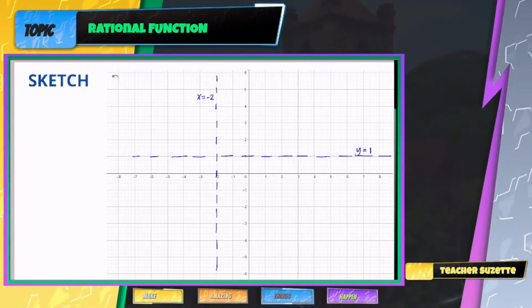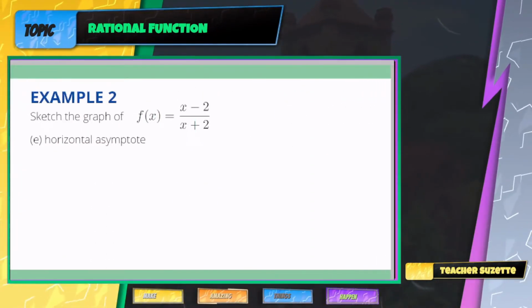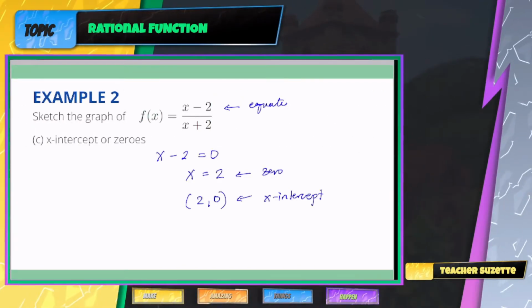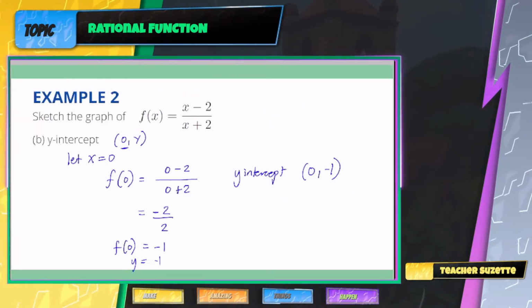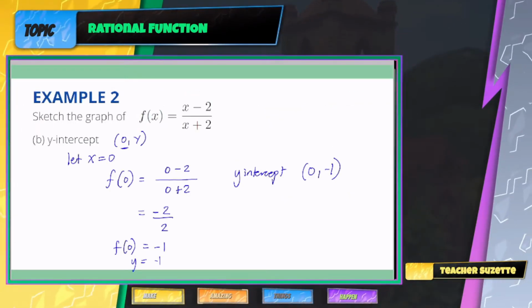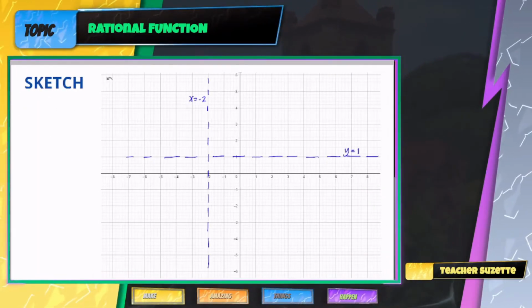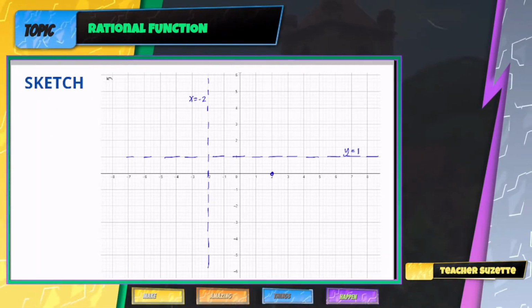Now, let's plot the points of our x- and y-intercepts. Our x-intercept is (2, 0), and our y-intercept is (0, negative 1). Back to our sketch.